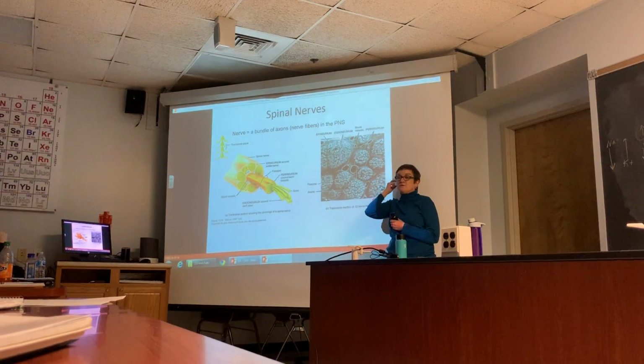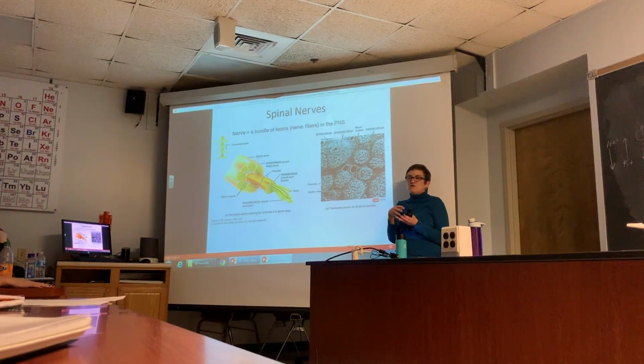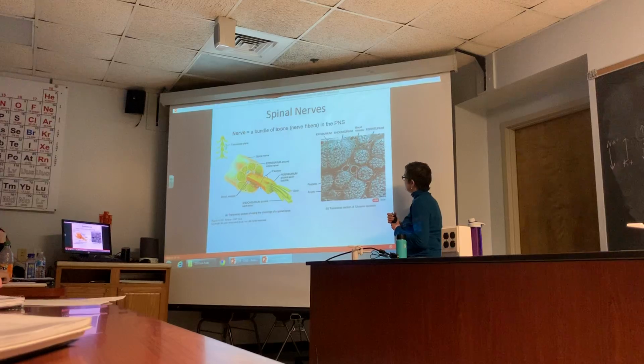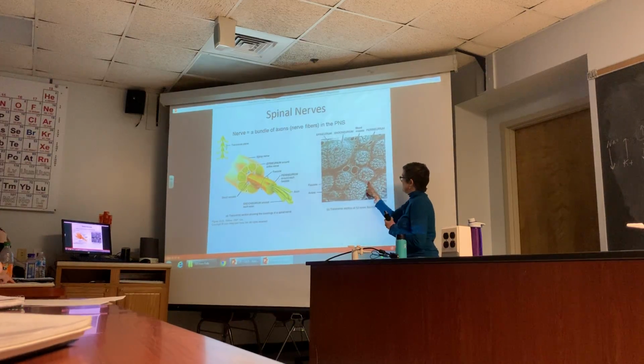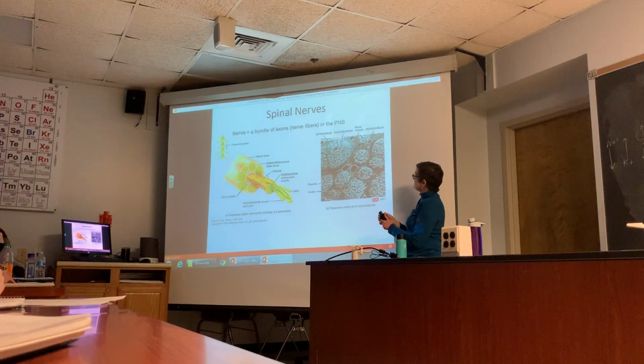And in fact, the myelin sheath makes the nervous tissue lighter in color, which in the brain we would call white matter, versus unmyelinated axons, which are darker and are what we call gray matter in the brain and spinal cord. So you also see there's blood vessels. There is a blood supply in the nerves.